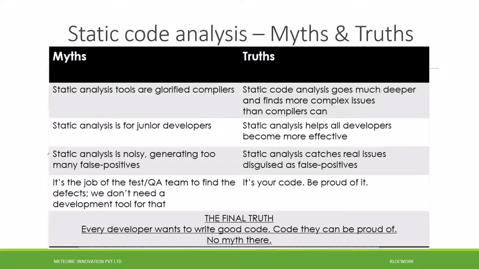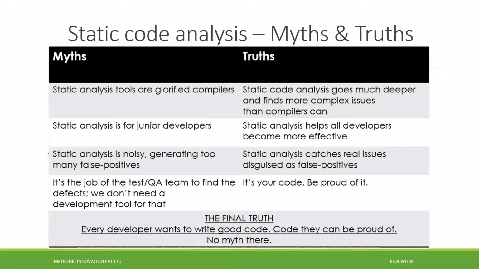These are the myths and truths about static code analysis. This we always hear from our customers. So people may think static code analysis tools are just glorified compilers. So whatever our compiler reports, the compiler warnings, the compiler errors, the same or similar issues can be detected by a static code analysis tool.